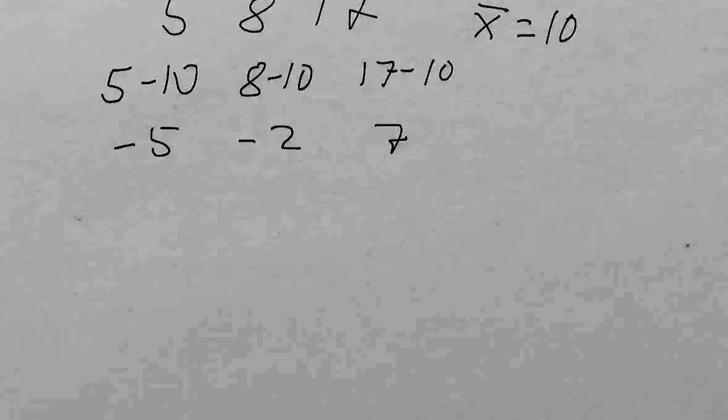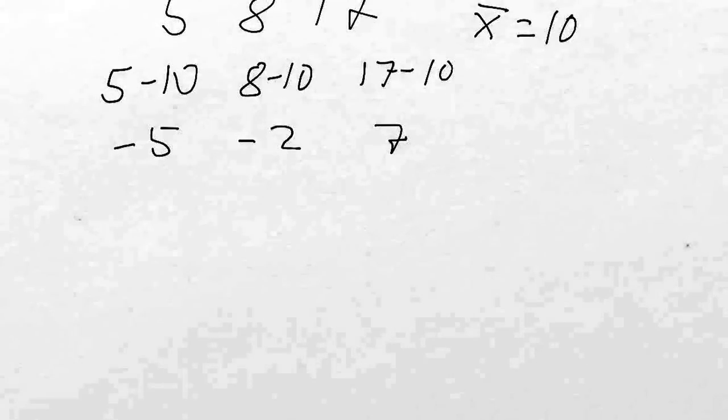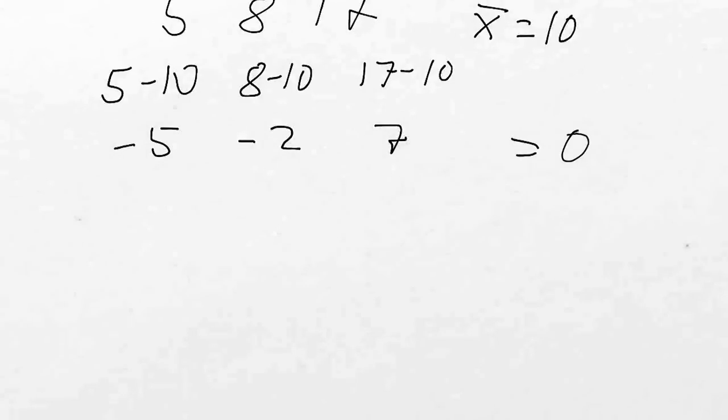Yeah? 5 minus 10 gives minus 5, minus 2, 7. Bless you. Now, when I add them up together, what do I get? I would get 0. So it would say to me, oh, there is no spread in the data because there is a 0 spread, right?